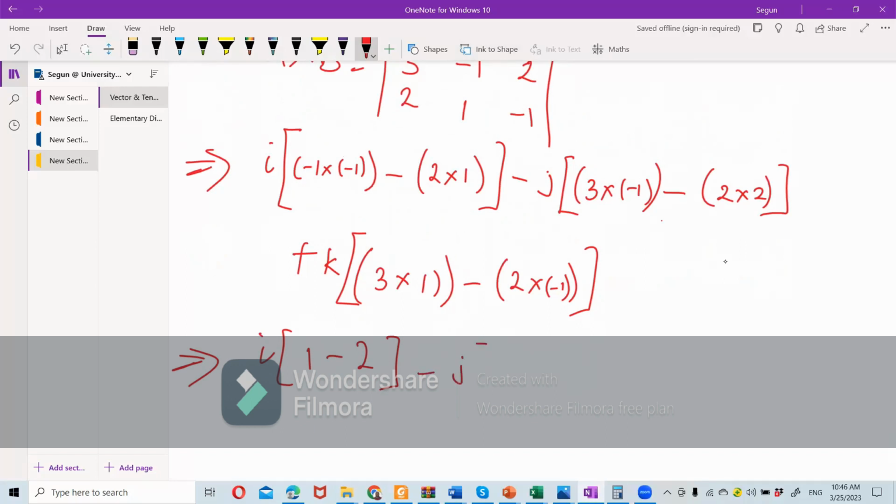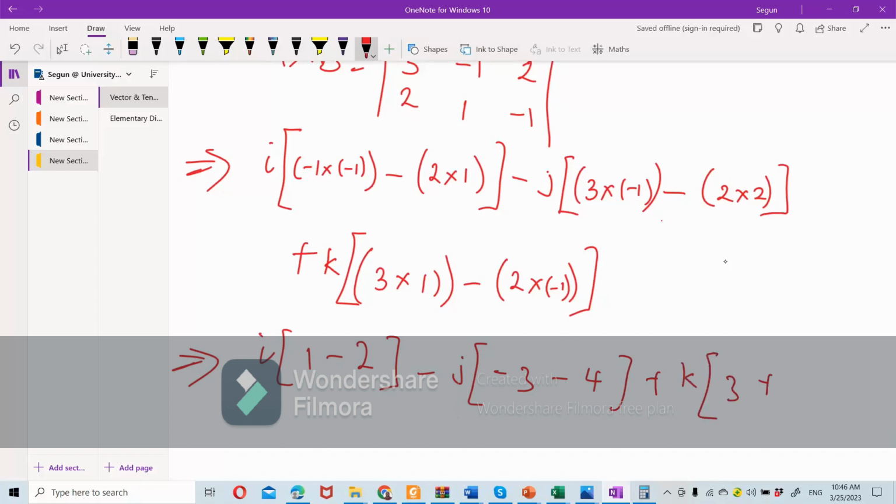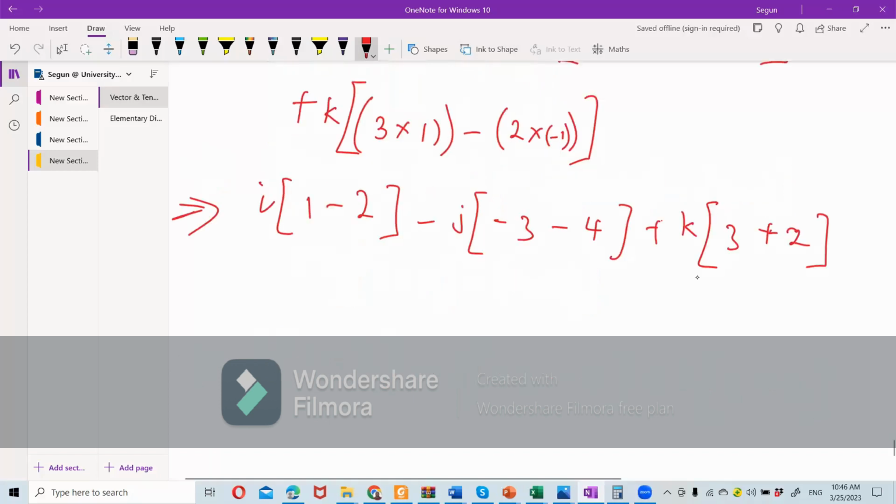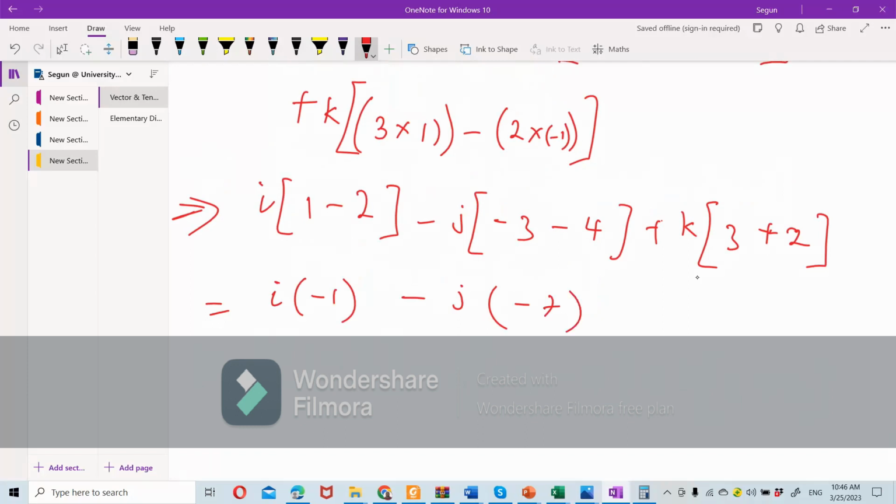Minus J, minus 3, minus 4, plus K, 3, plus 2. So here we have I into -1 minus J into -7 plus K into 5. Excuse me, sir. Go ahead.